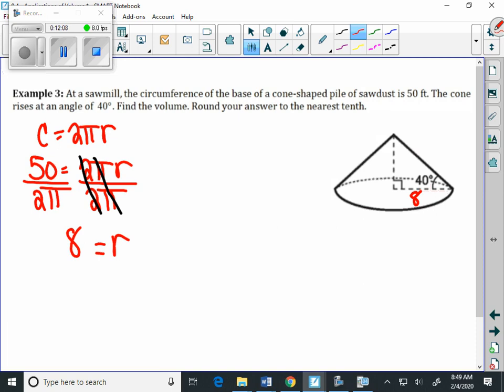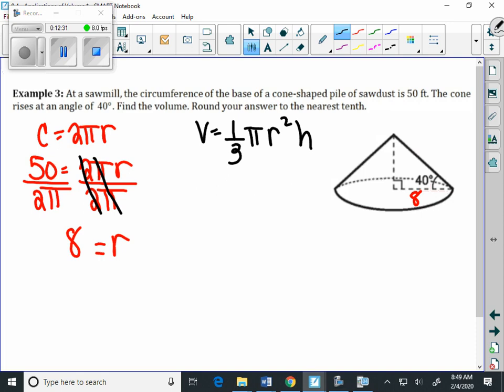We want to find the volume of this sawdust cone. But what we now need, because our formula is 1/3 times pi r squared h, is we need to figure out what the h is. We just figured out what the r was. We need to figure out what the h is.